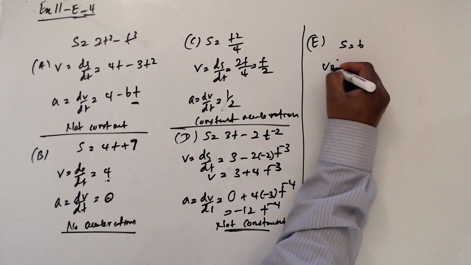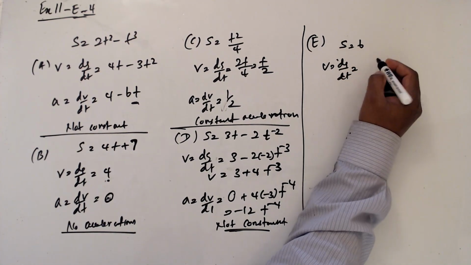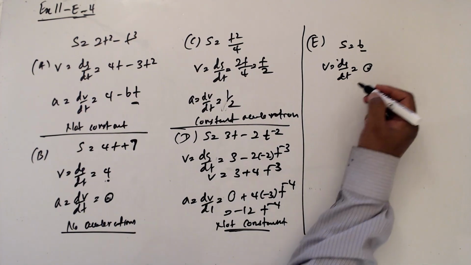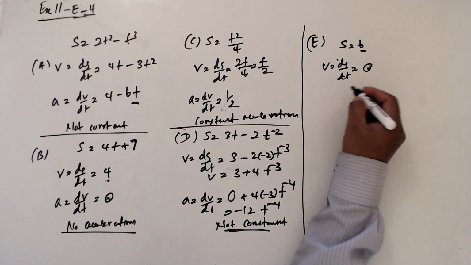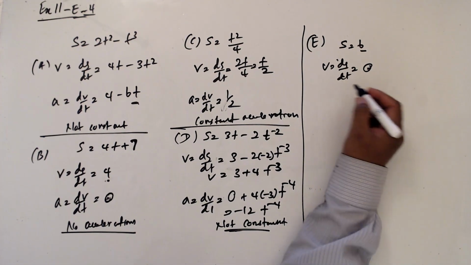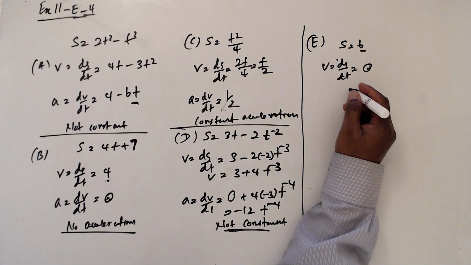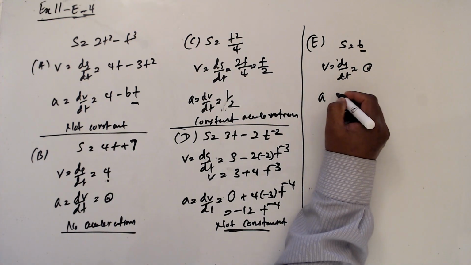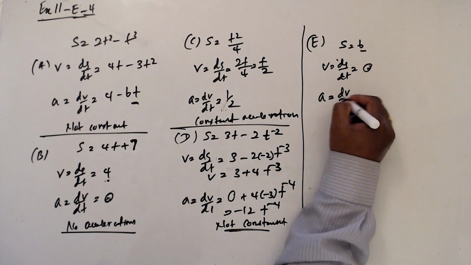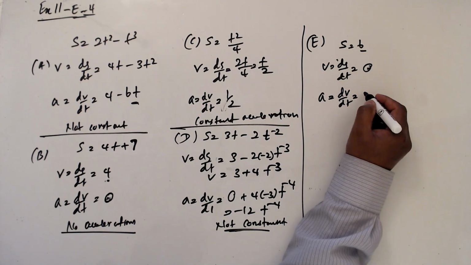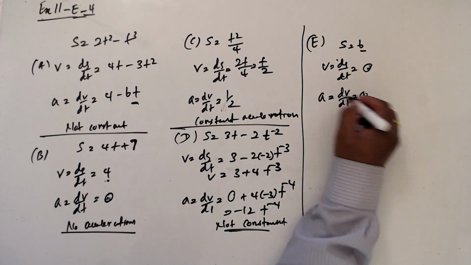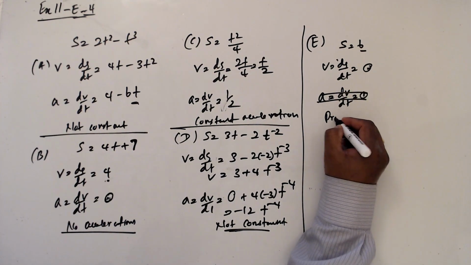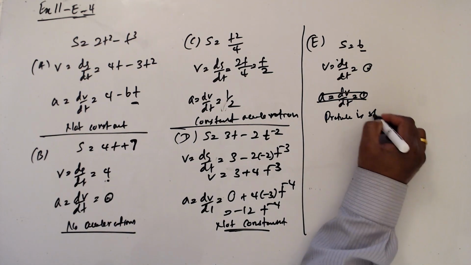Then v equals ds over dt, which when you differentiate this one, the answer is 0. Velocity is 0. Then acceleration, we don't need to discuss it because the velocity is 0, but if you want, we can write a equals dv over dt. When you differentiate 0, it's still 0. So the answer is the particle is stationary.